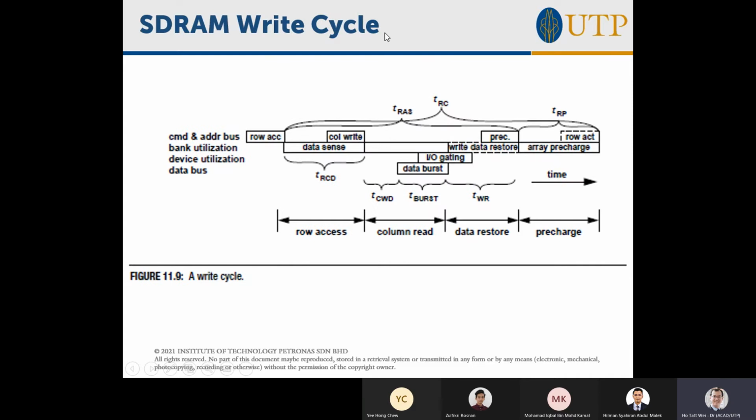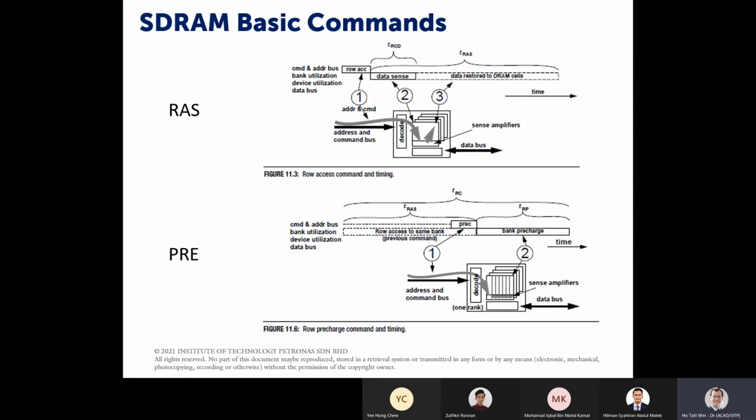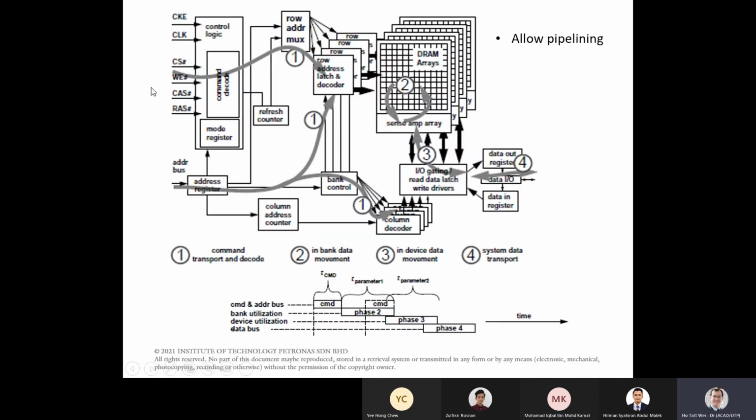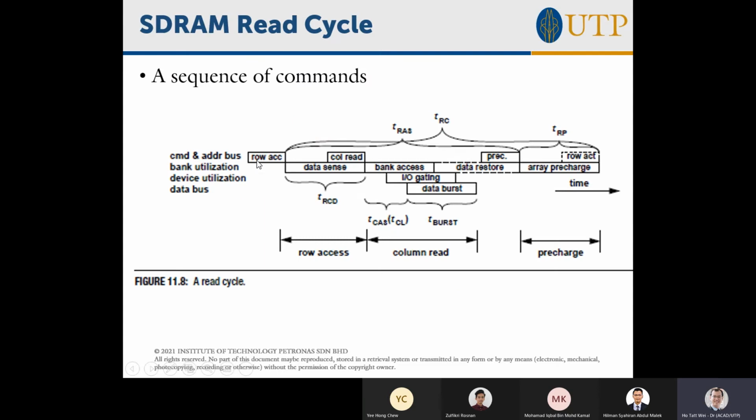And you string together the same sequence of commands in order to make a write cycle. And you string together a sequence of commands to make a refresh cycle. So on the low level, there are commands. You issue commands by putting a certain pattern of bits onto a set of data lines. And then you put together a sequence of commands in order to generate a read cycle. Okay, you got it?